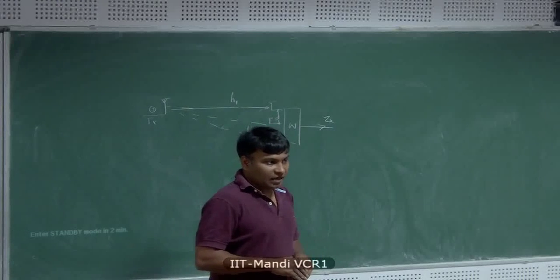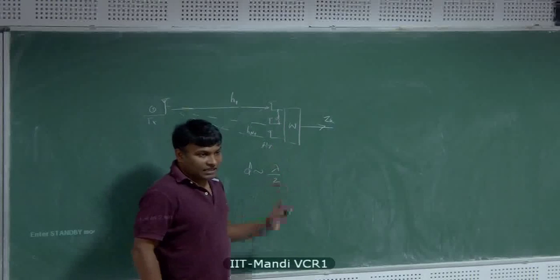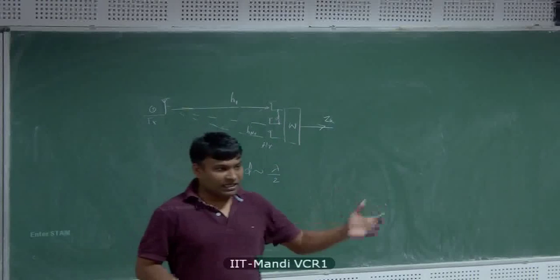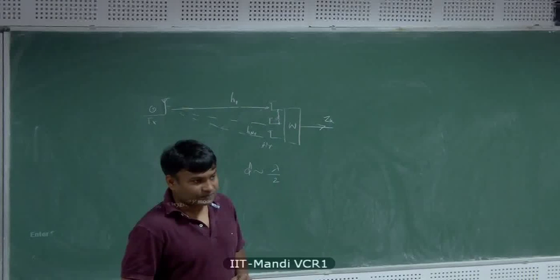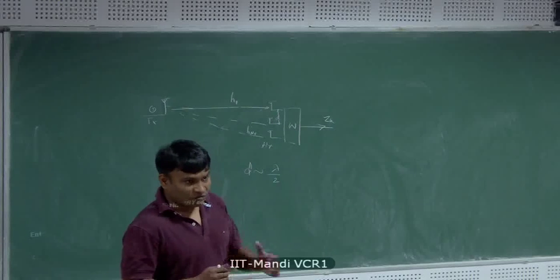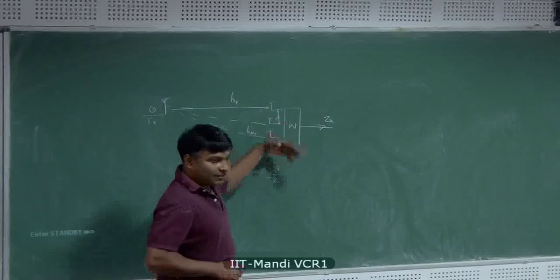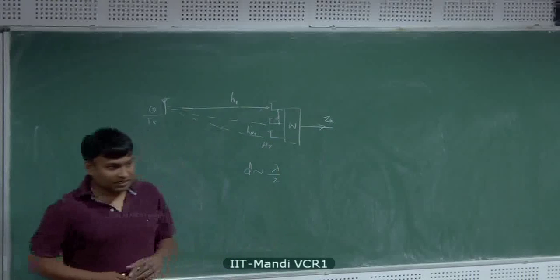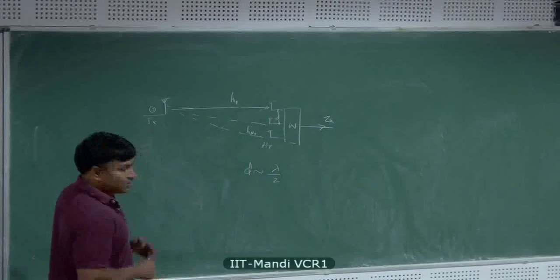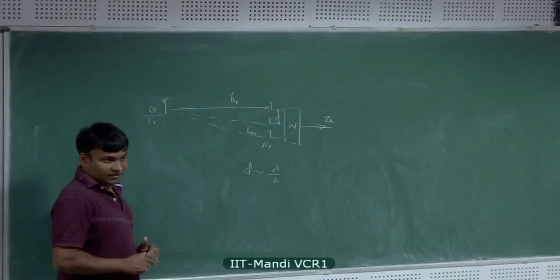We'll consider how this receiver array can be used to reject co-channel interference. That's what we'll focus on, and this diversity benefit will come about as a side result. So where is this co-channel interference generated?